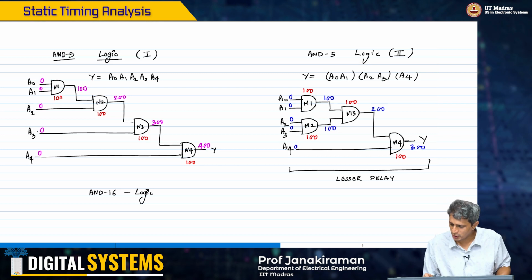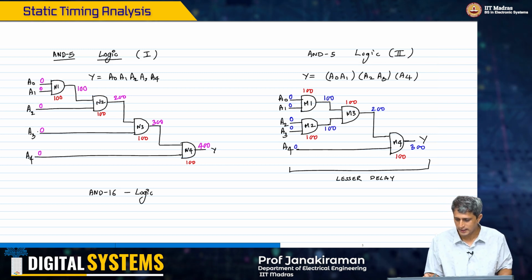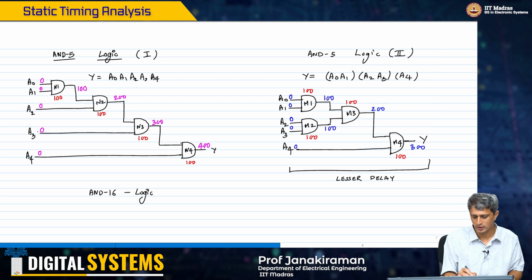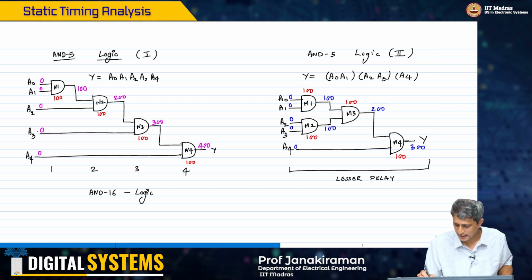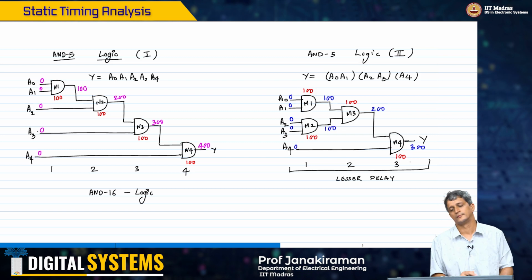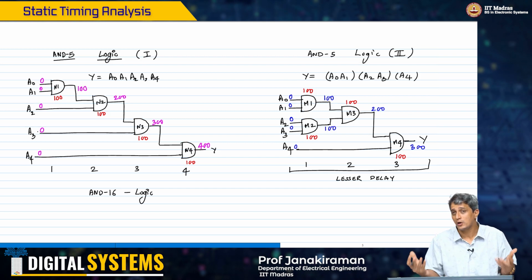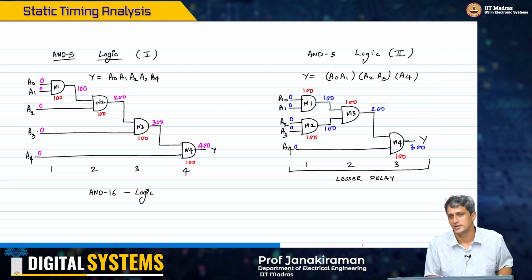It's also interesting to note that the logic depth on the left hand side is 4: 1, 2, 3, 4. Whereas on the right hand side the logic depth is just 1, 2, 3. And therefore that actually contributes significantly to the delay of a circuit.